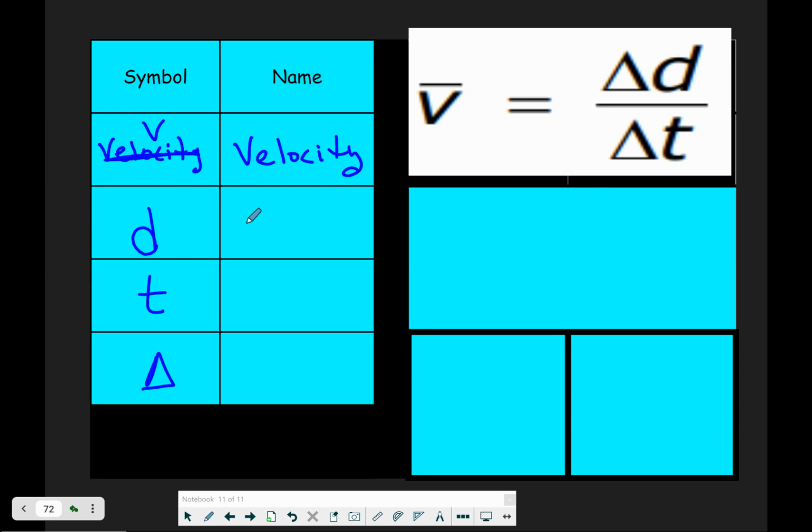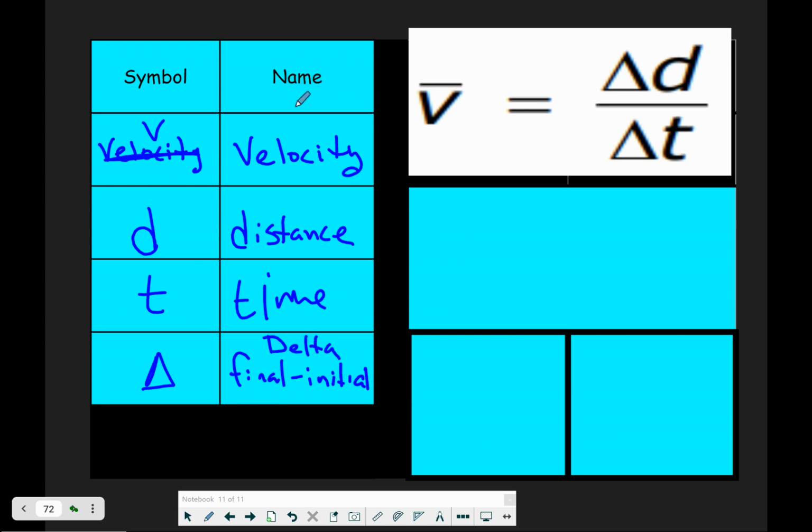D equals, you can write displacement. I'm going to write distance. T equals time. And this delta is final minus initial. Now you could write delta if you would like to.